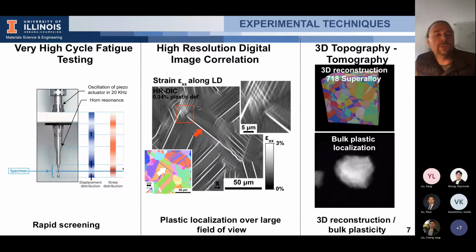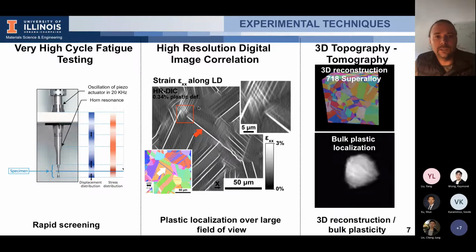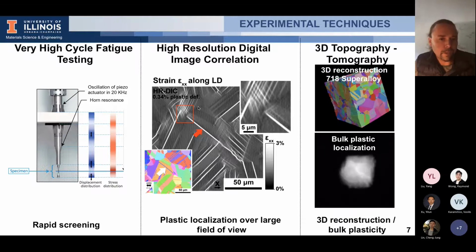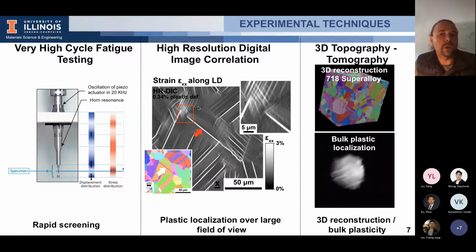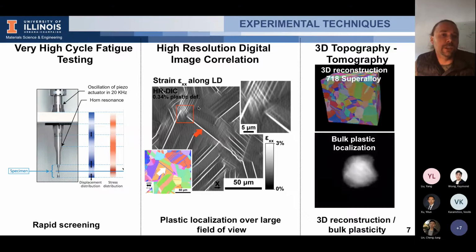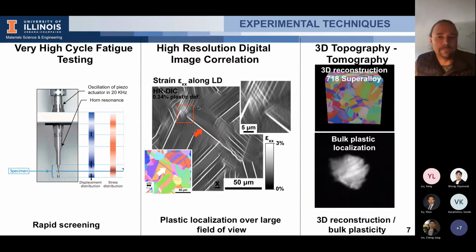In order to capture the fatigue strength, we also use an accelerated testing, which is very high cycle fatigue testing. You can test the specimen at 20 kilohertz, so you can apply 20,000 cycles per second. And it helps you to determine the fatigue strength rapidly.